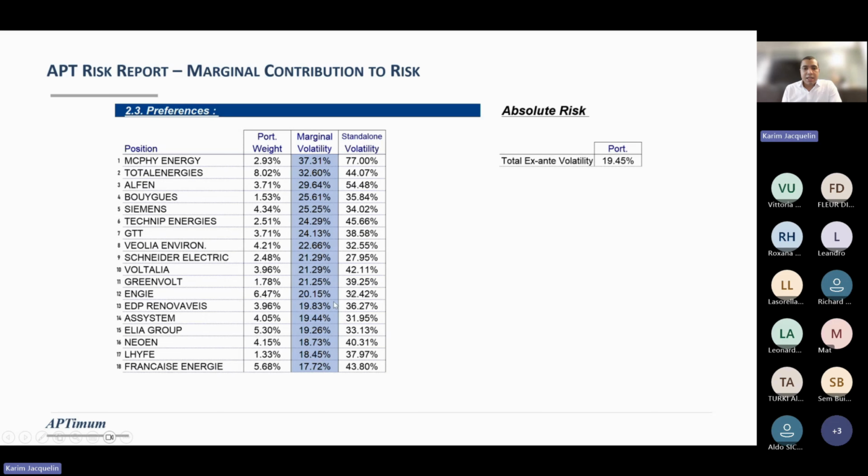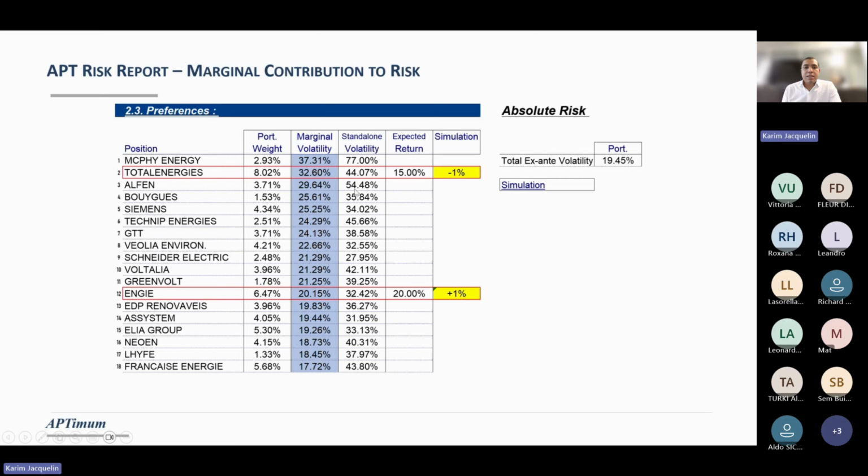I will explain this with this example. So this portfolio has a 19.4% volatility. Let's say that I want to trade those two stocks, Total Energy and Engie. The marginal volatility of Total Energy is higher than the marginal volatility of Engie.